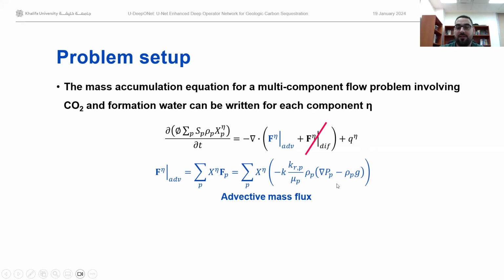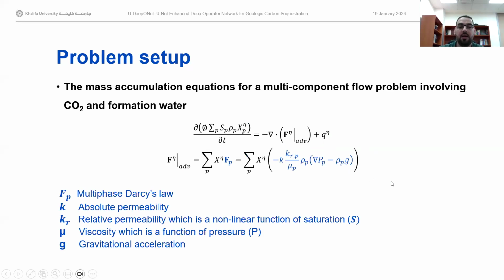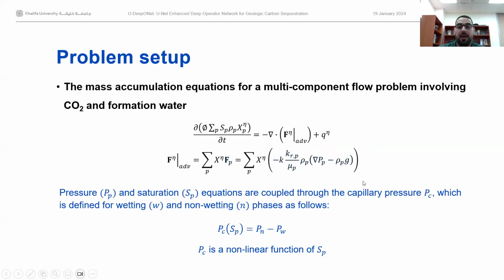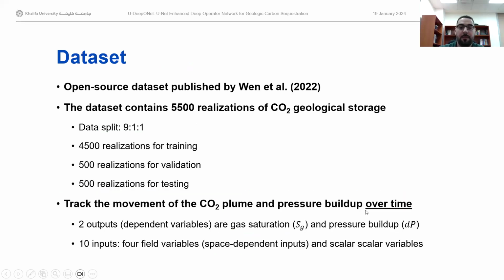This term is the advective mass flux that gives us the pressure buildup, which is the second dependent parameter that we try to solve for, the first one being the saturation. So this is the Darcy equation. These two equations are coupled through the capillary pressure, which is one of the reasons for the nonlinearity, because the capillary pressure itself is a function of the saturation.